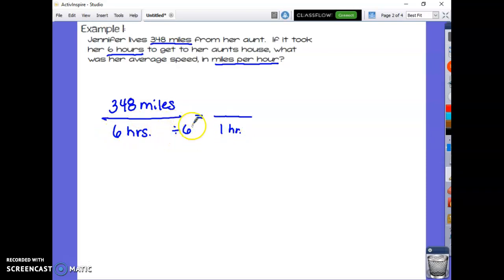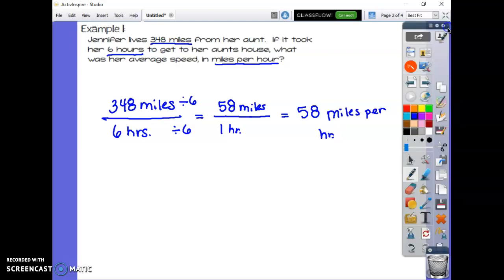And whatever you do to the denominator, you must do to the numerator. So again, we're going to divide the numerator by 6 also. 58 miles is what we get for the numerator. So our answer for her average speed is 58 miles per hour.